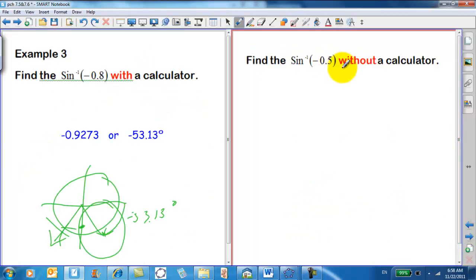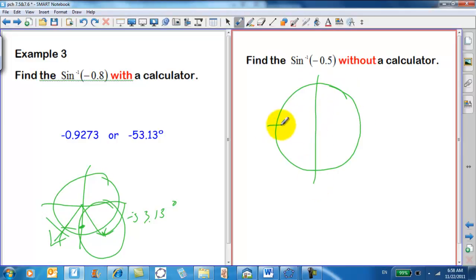Now let's try the inverse sine of negative 0.5 without a calculator. So you can sketch your unit circle, and when do we get a y coordinate of exactly negative a half? Well, from practicing your trig values, you should know that happens at the over 6's. That happens at 7 pi over 6 and 11 pi over 6.